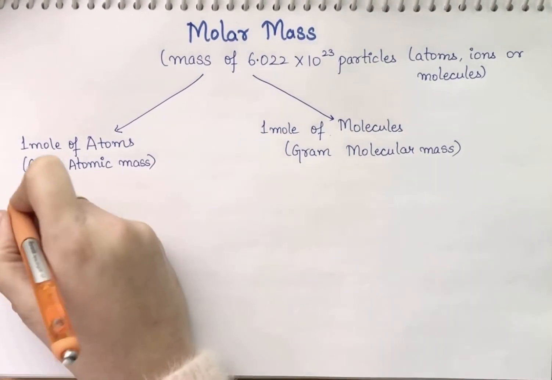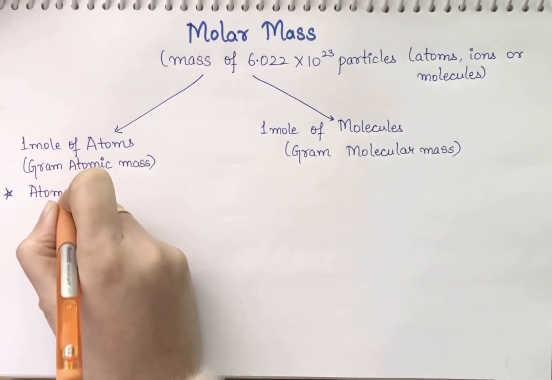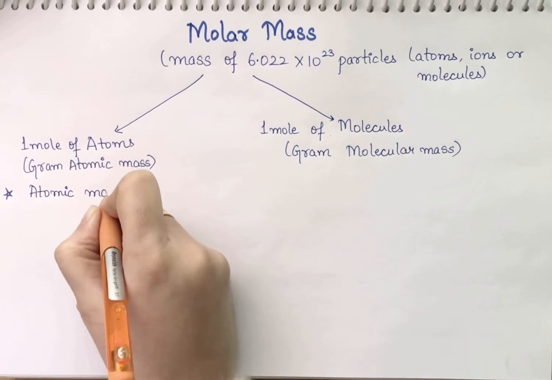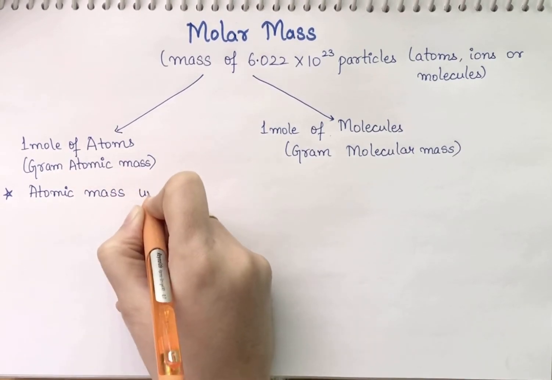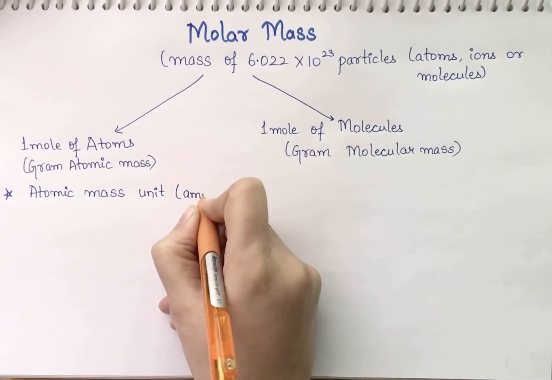So what is the basic difference between atomic mass unit and gram atomic mass? You can write over here, atomic mass unit is denoted by AMU.